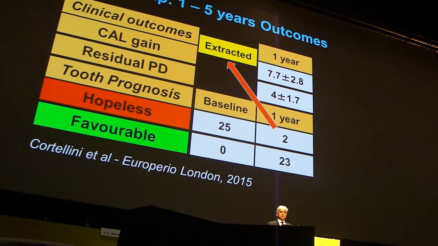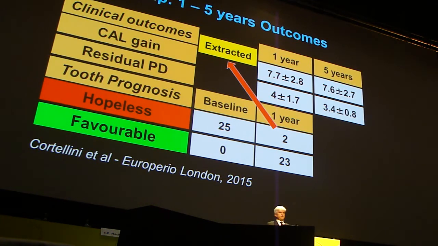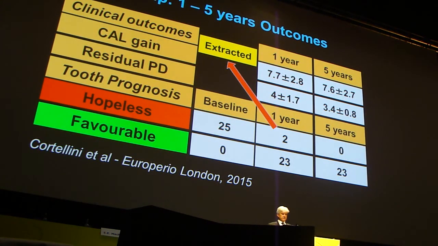So I extracted 2 out of 25 hopeless teeth. After 5 years, clinical attachment was very stable, and also the tooth prognosis remained the same. 23 favorable teeth out of 25 hopeless at the beginning.